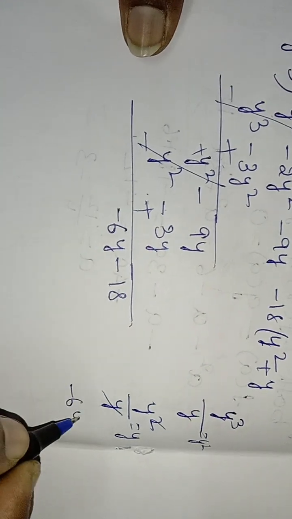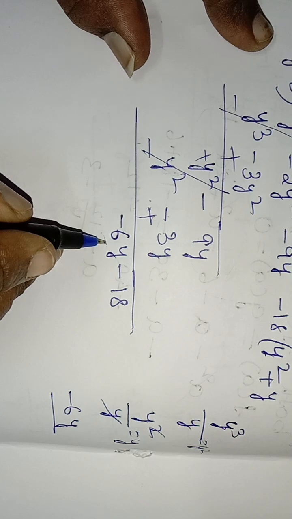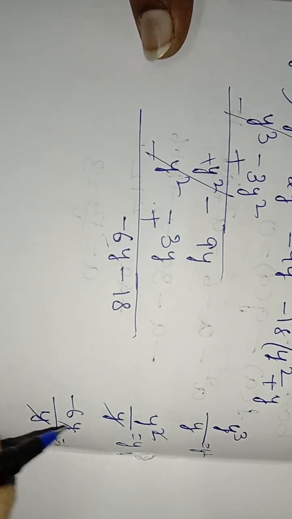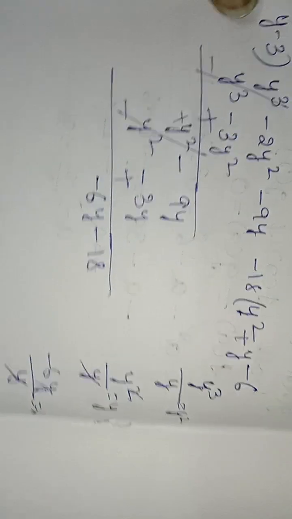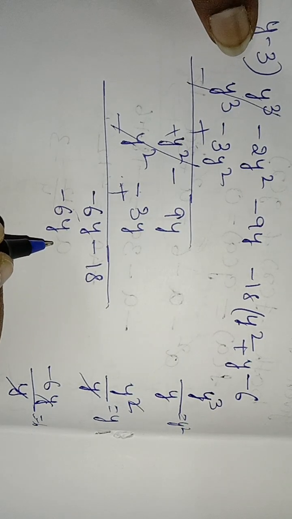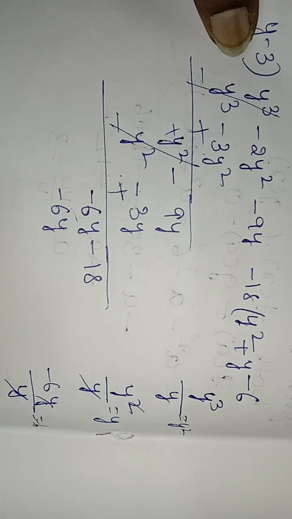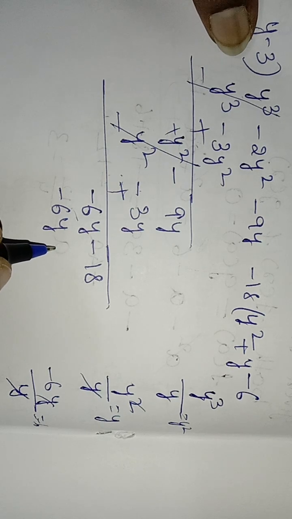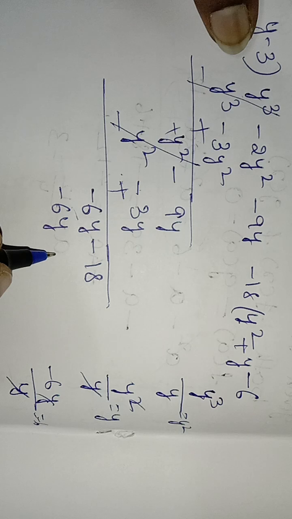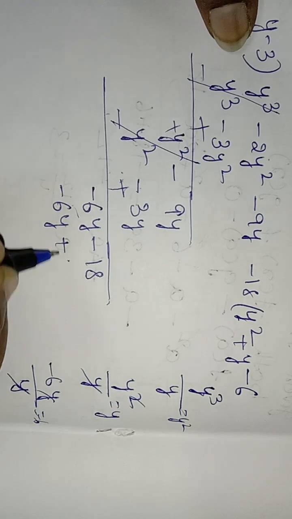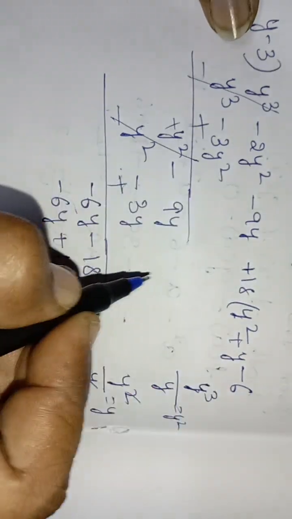So minus 6y by y: 6y from the dividend and y from the divisor. What is left? Minus 6. So I am taking minus 6 here. Minus 6 into y, minus 6y. Minus 6 into minus 3, it is plus 18.